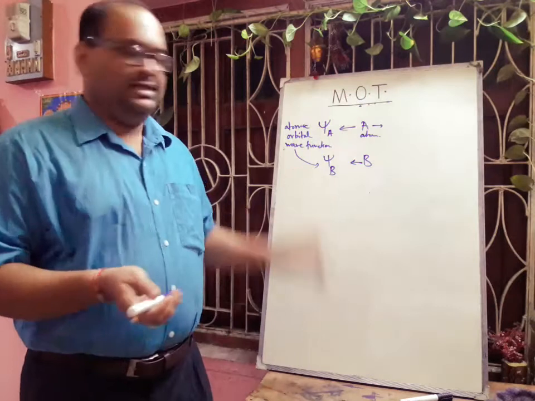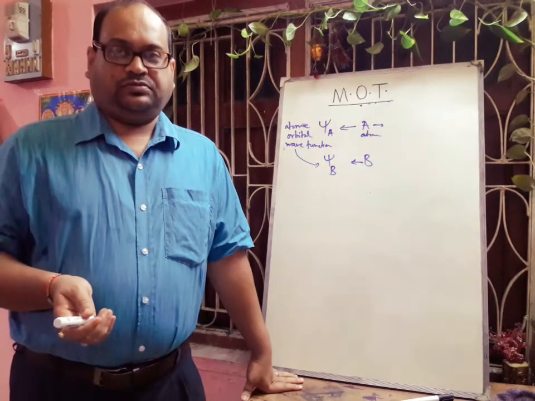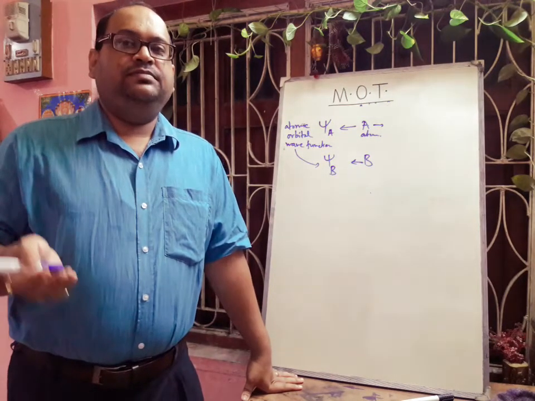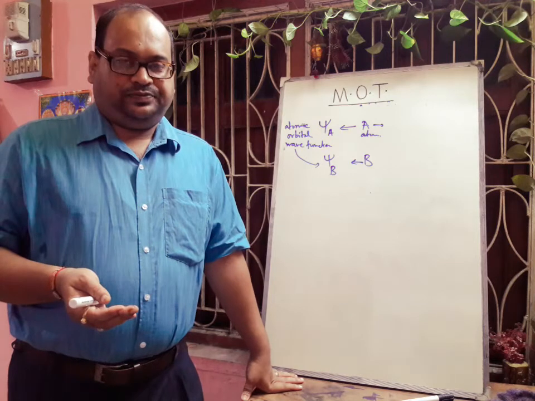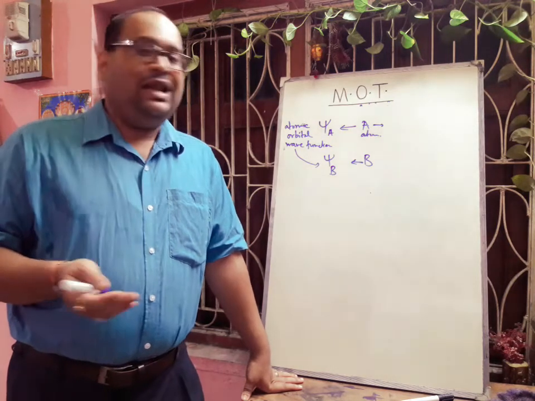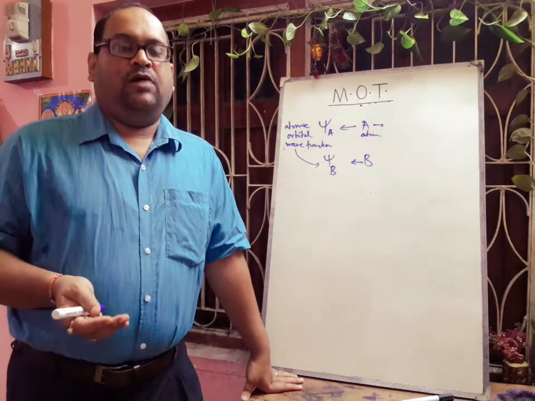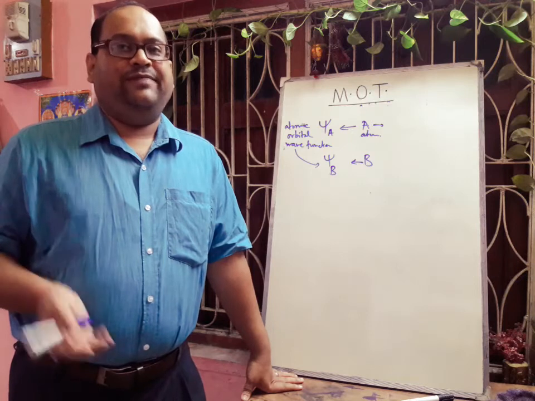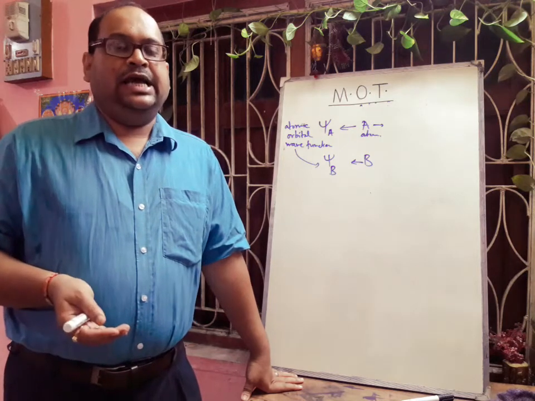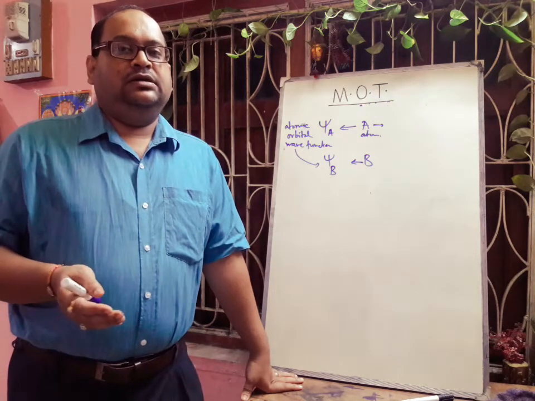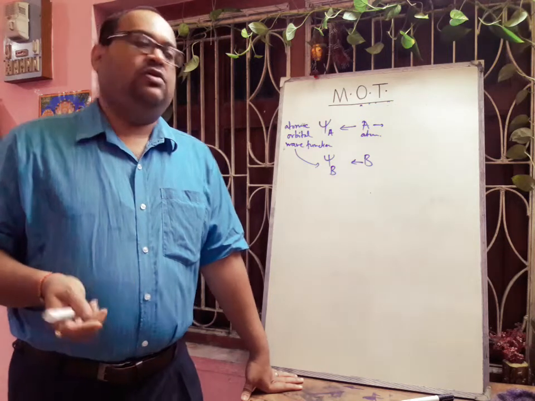Now there will be two cases. One will be the overlap of these two, A and B, that is wave in the same phase, and another overlap that is out of phase.